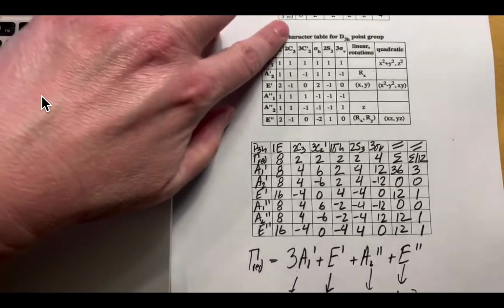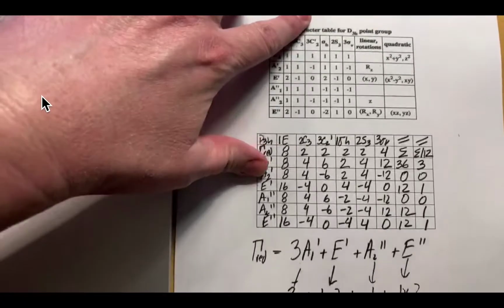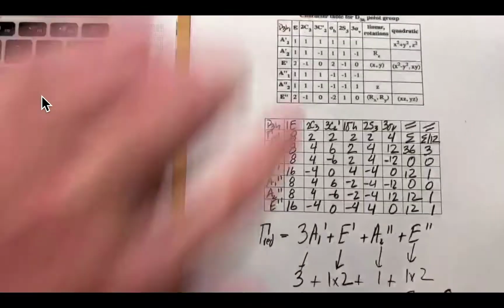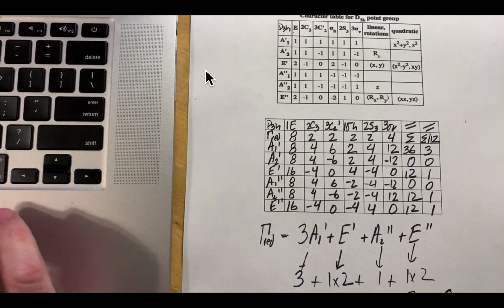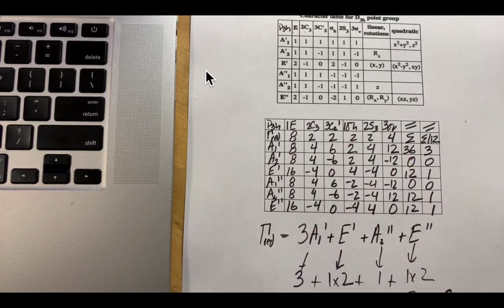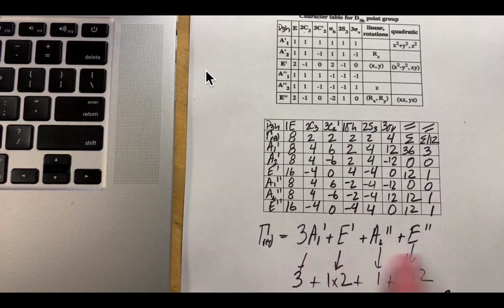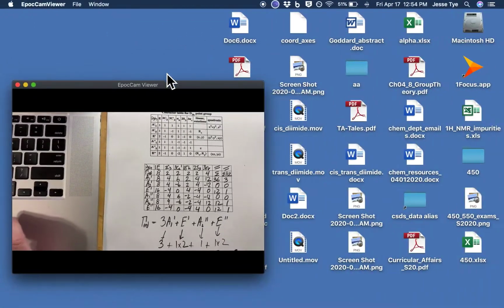Okay, and so just like what we started with up here, 8, we get 8 out of this. So we know that adding the 3 A1 prime plus E prime plus A2 double prime plus E double prime will sum back to give us our reducible representation. So our reducible representation is composed of those irreducible representations.